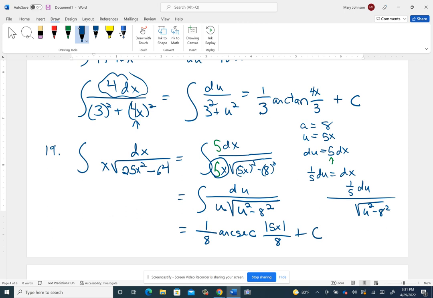The problem would have been that this x right here would have needed to be rewritten as 1/5 du. So there would have been a 1/5 u. Okay, so there would have been a 1/5 down here as well. And so really it would go away. Okay, so either way you were thinking about it, you don't really get a 1 over 40. You just get a 1 over 8 when you're finished.